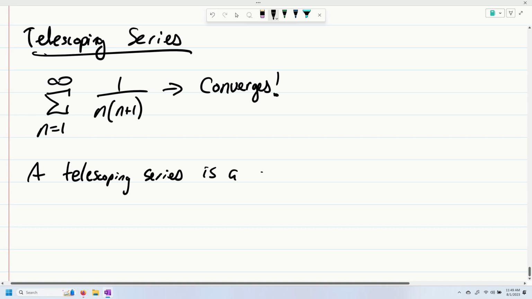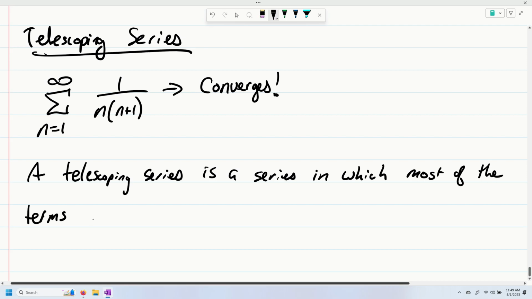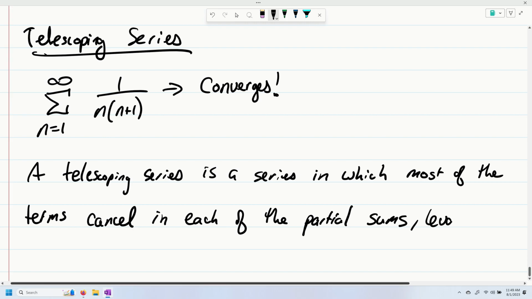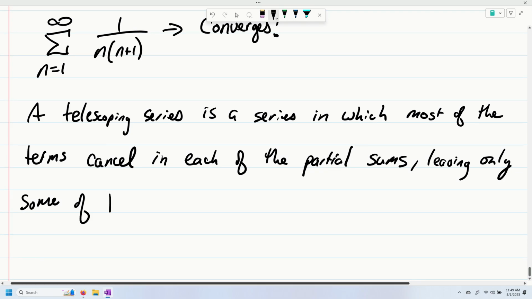Telescoping series are types of series in which most of the terms cancel in each of the partial sums, leaving only some of the first terms and some of the last terms.